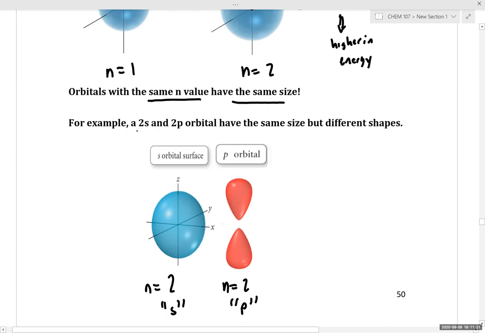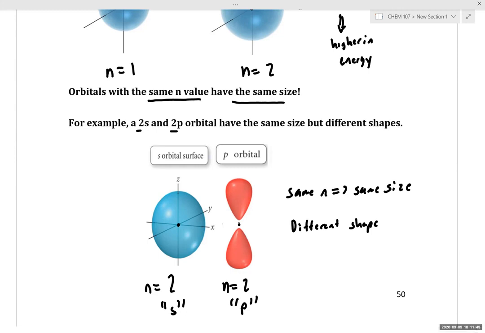Notice how these orbitals have the same n value, so they have the same size, but they have a different shape. This different shape is a result of a different second quantum number that we'll talk about in a little bit. So does everyone understand what n controls? It controls orbital size, which is the distance of an electron from the nucleus, and it controls orbital energy.